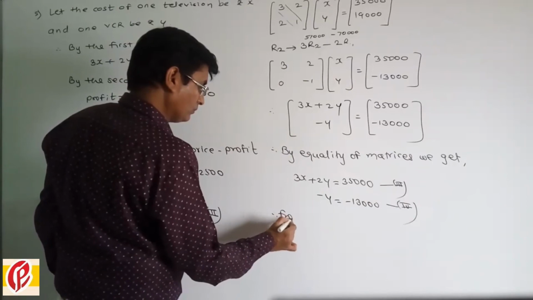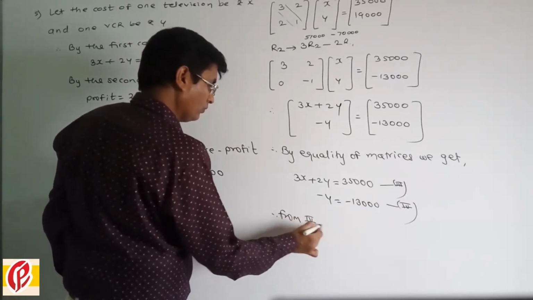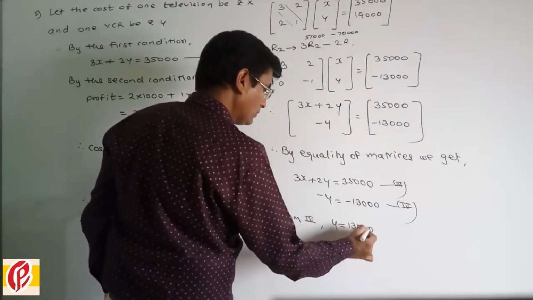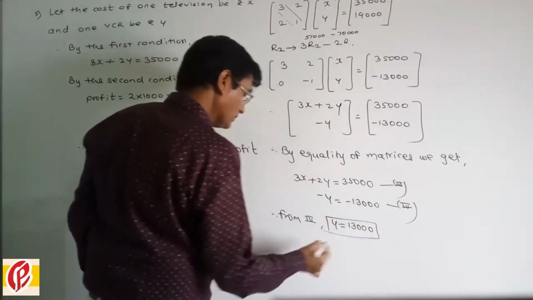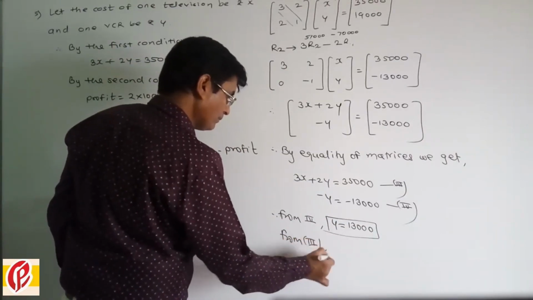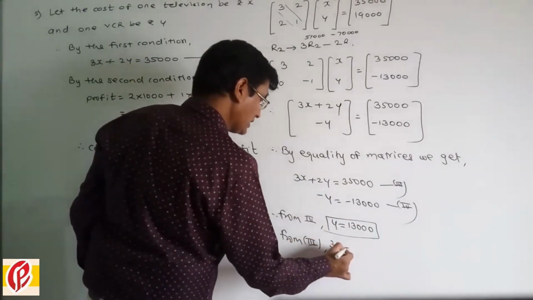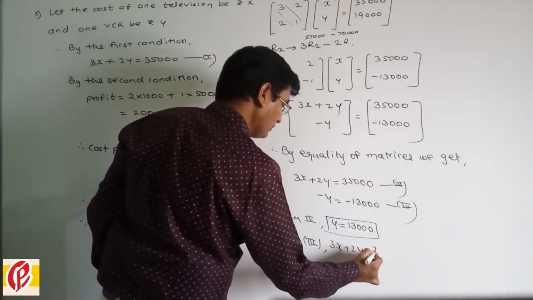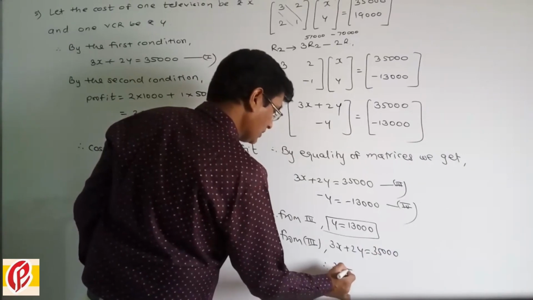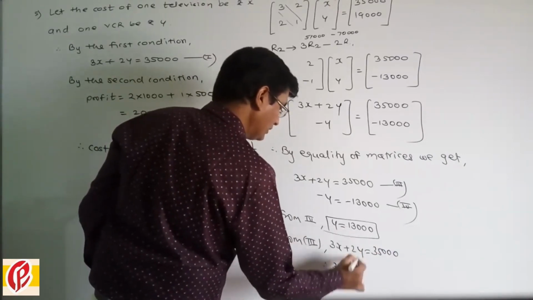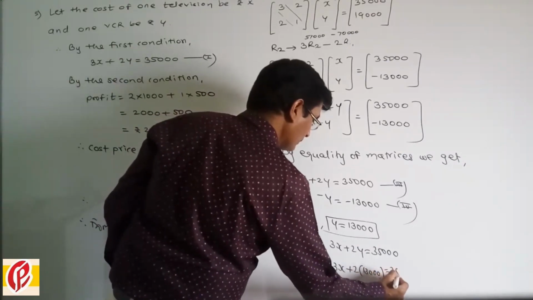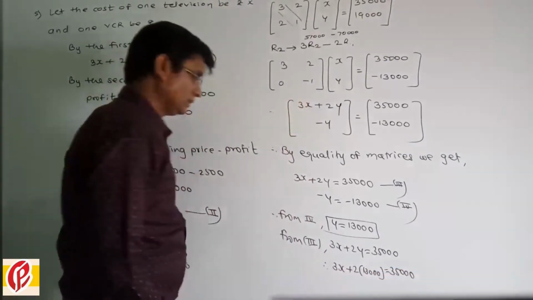Therefore, from 4 we get y is equal to 13,000, and from 3 write the equation 3x plus 2y is equal to 35,000, then 3x plus, replace y with 13,000, is equal to 35,000.